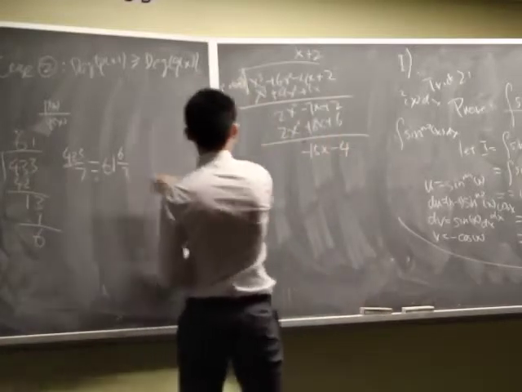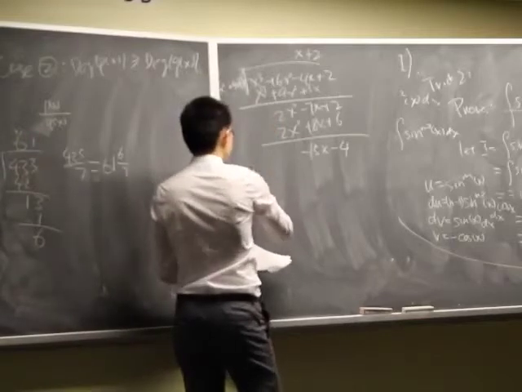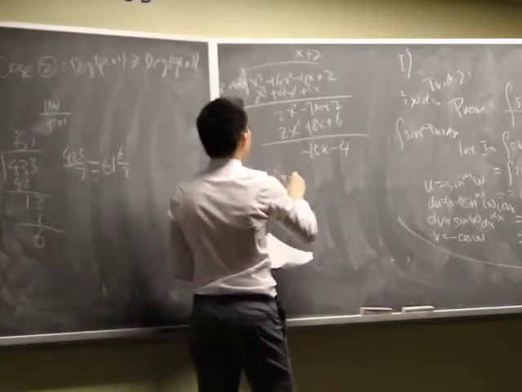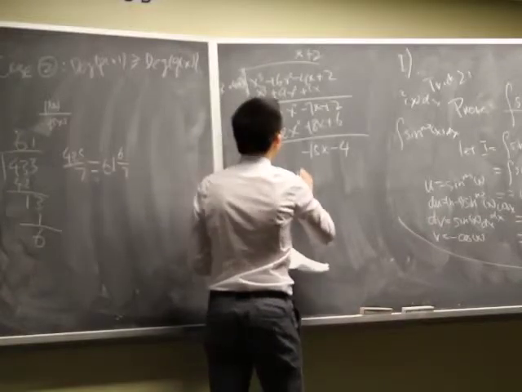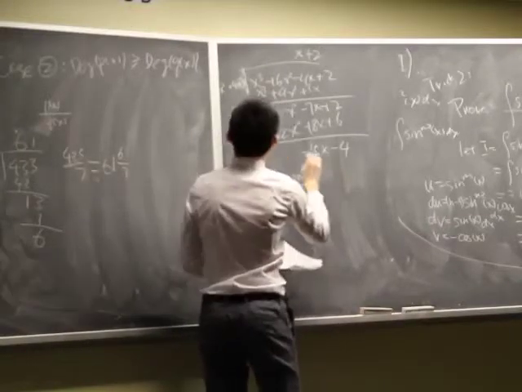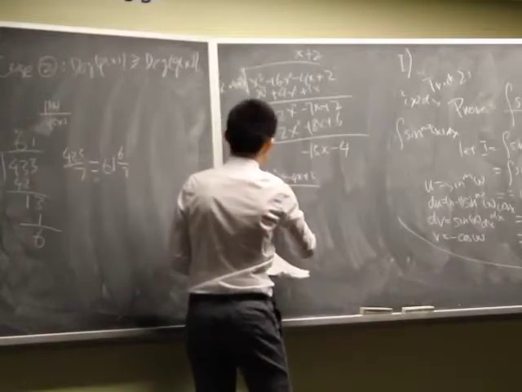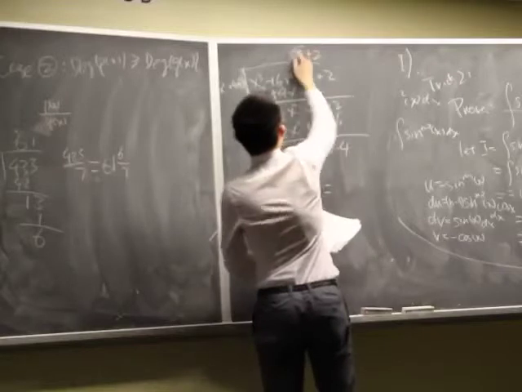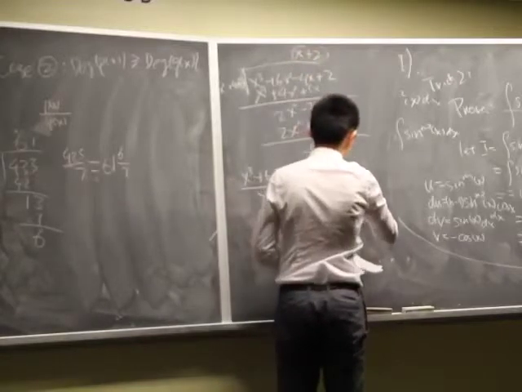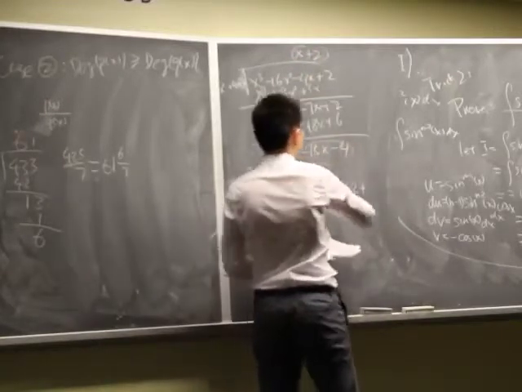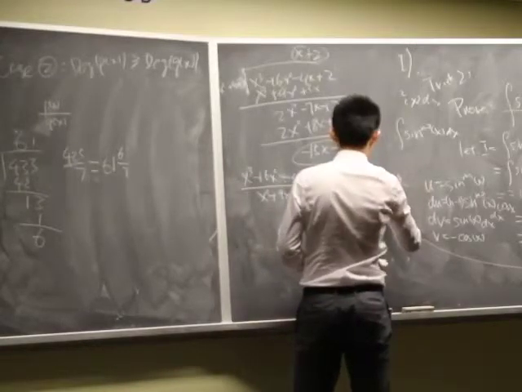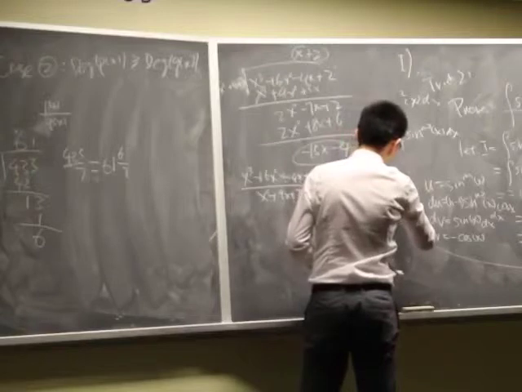And what does this mean? This means the exact same thing as before. This means that the quotient of x cubed plus 6x squared minus 4x plus 2 over x squared plus 4x plus 3 is equivalent to this number right here, x plus 2, plus the remainder right here, which is -15x minus 4 over x squared plus 4x plus 3.